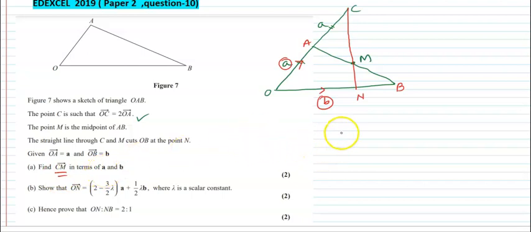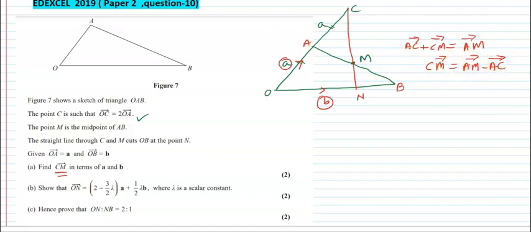We can write AC plus CM equals AM. So CM we can write as AM minus AC.